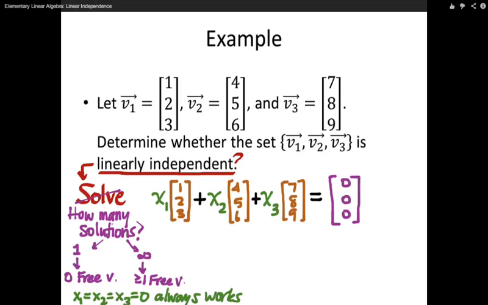Yeah, row reduction. Turn it into a matrix equation, augmented matrix equation, and reduce the rows. So the columns of my matrix, when I make this a matrix equation, are exactly the vectors at issue in the original question. 7, 8, 9. And then my right-hand side.